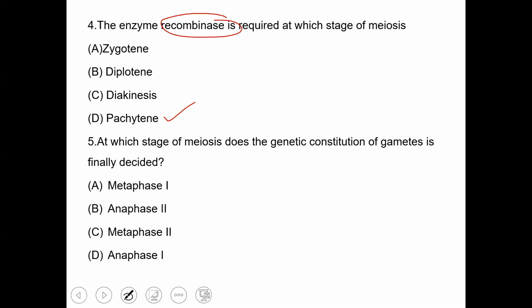So this plays a very important role in deciding the genetic constituents of gametes, whether it has been distributed properly among the daughter cells or whether the disjunction would have happened. If the disjunction would not have happened, then it leads to a non-disjunction, or it also leads to syndromes.